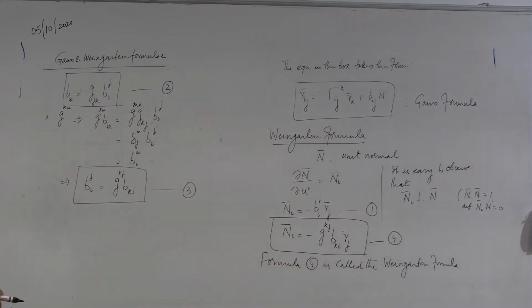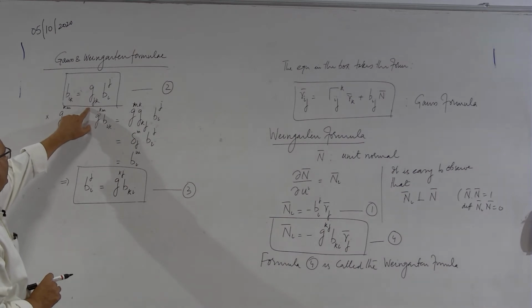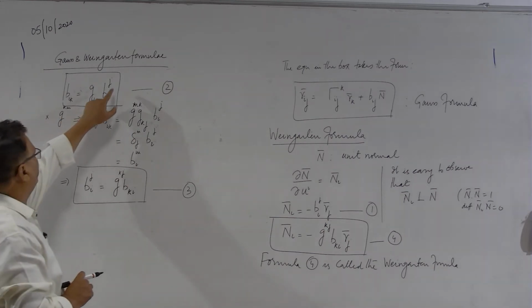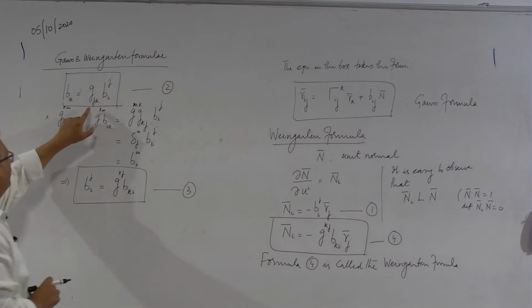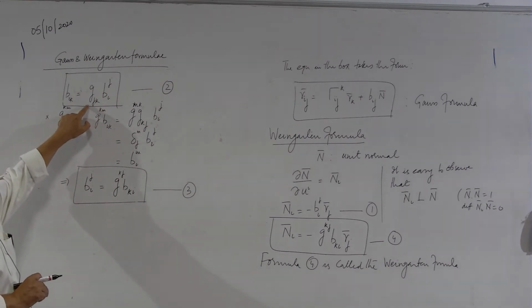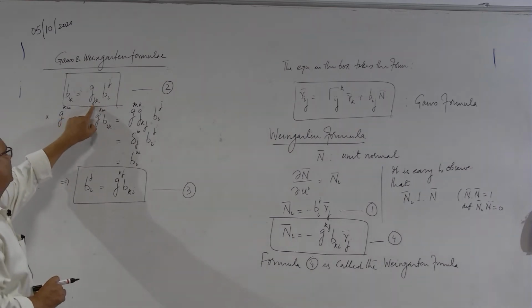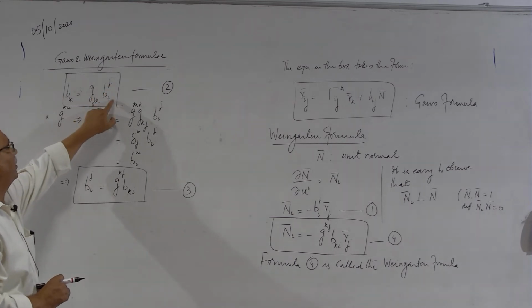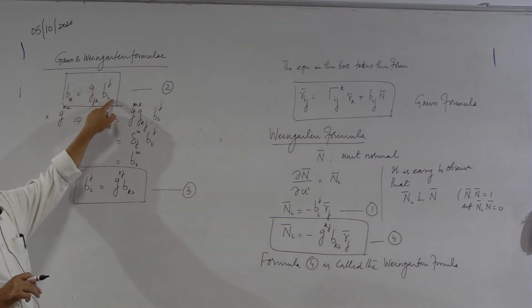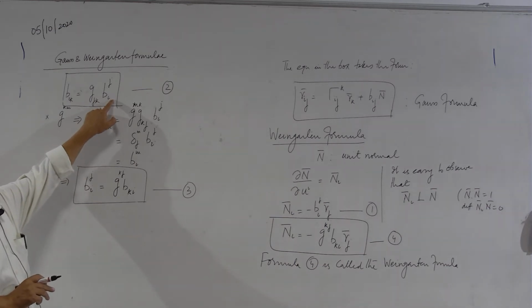Okay. Now, there are two observations over here. If you look at the two box formulas number 2 and number 3, you will observe certain things about G lower I j and G upper j I. If you look at formula number 2, what is happening over here? You are multiplying B upper j lower I by G lower j k, and what is the result? This j is gone and k is coming over here. Is it right? This is how I can read this formula.